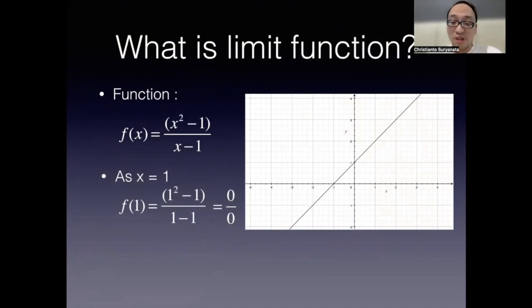If you look at the graph, when x equals 1 there is no value of f(x), because the result is 0 over 0, an undefined answer. So this is a forbidden region where the function cannot find the value for x equals 1.